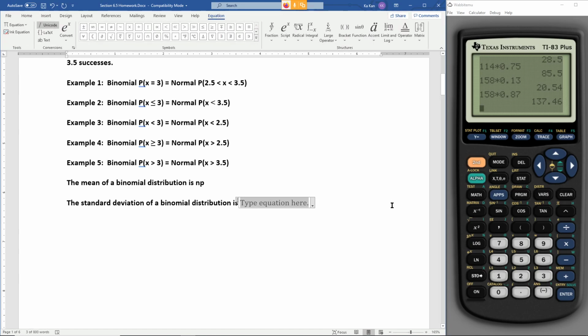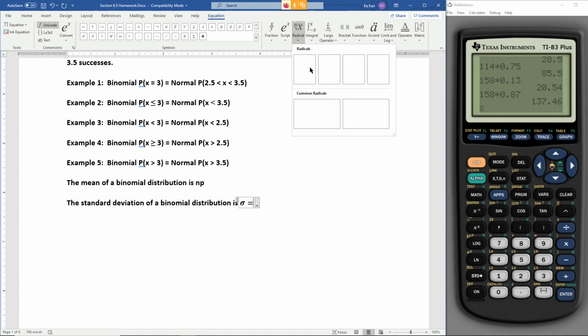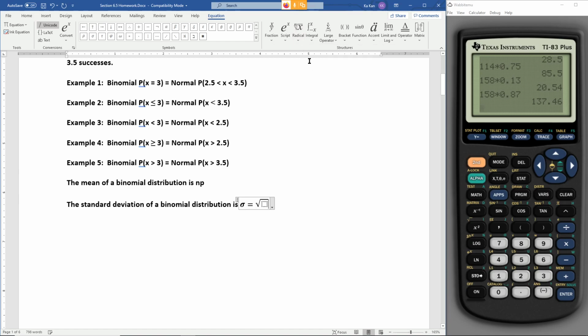It's going to be, let me use this symbol for standard deviation, equals the square root, the radical, of n times p times 1 minus p.